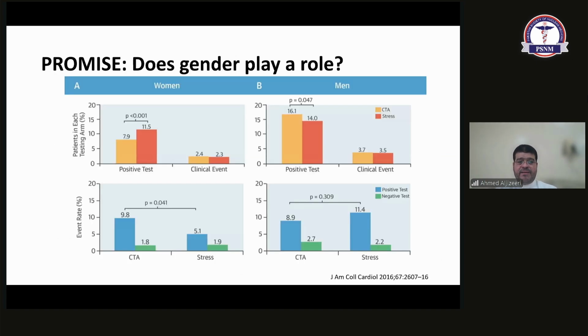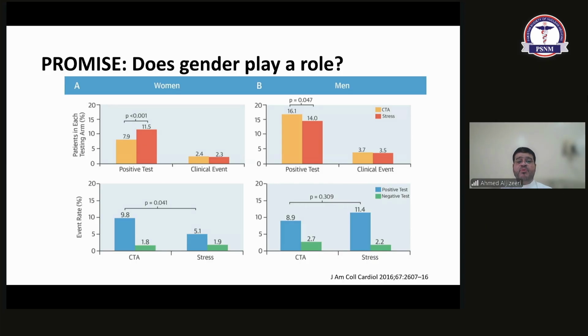One thing that I like about the PROMISE trial is that it has demonstrated to us that men and women are not alike when it comes to coronary artery disease. It showed that women have a much higher rate of positive stress testing, functional testing, while men have a much higher rate of CT abnormality. But interestingly enough, when it comes to outcome, if a female has a positive CT abnormality, the chance of that lady having a worse outcome is much, much higher.